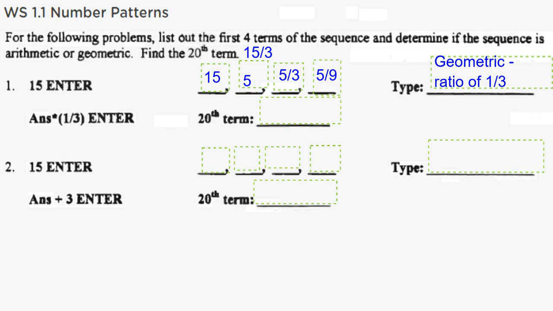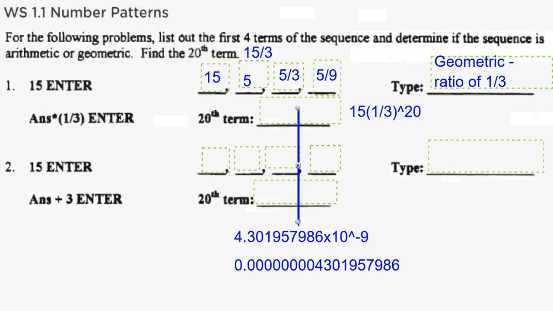So for the 20th term of my sequence, I'm taking 1/3 and multiplying it over and over again 20 times. So this would be my expression to get me to that 20th term. You could do it in the calculator, just keeping track of how many times you're pressing enter, or you could do this instead, and you would end up with a very small number.